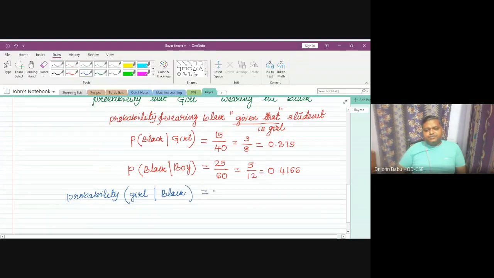This is the question that will be answered by Bayes theorem. We know that given that it is a girl, wearing a black dress is 0.375, that means 37.5%. Given that the student is a boy, the dress is black is 0.416.